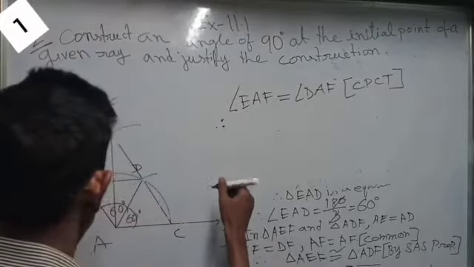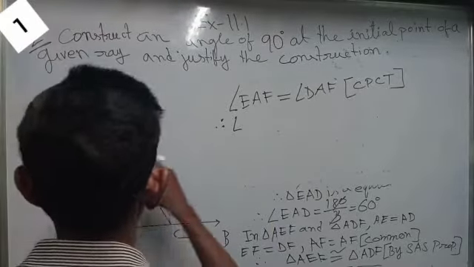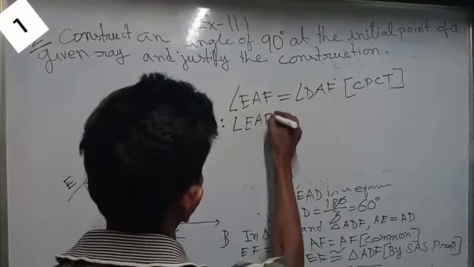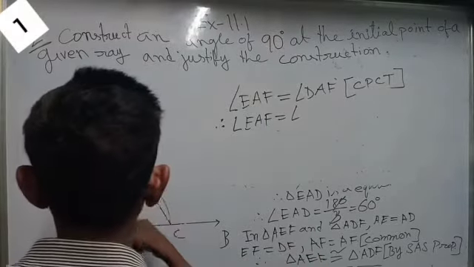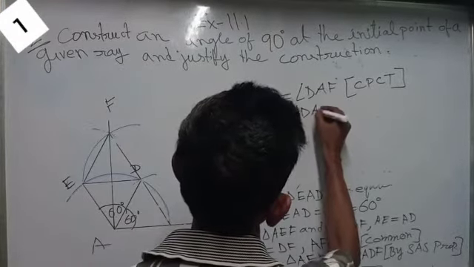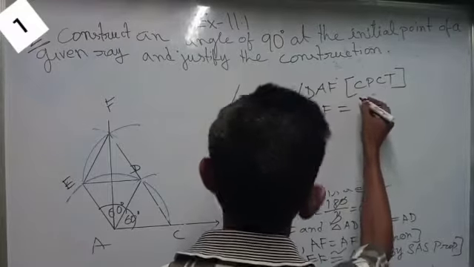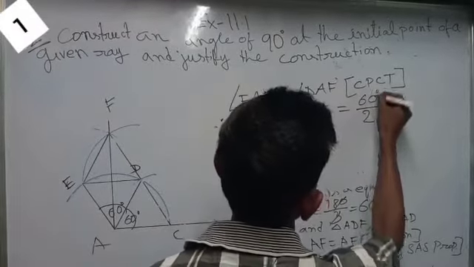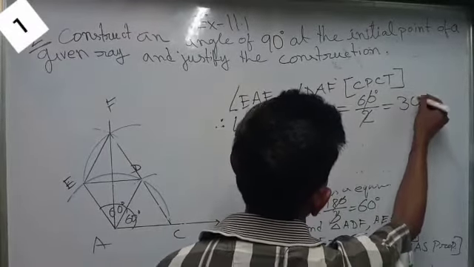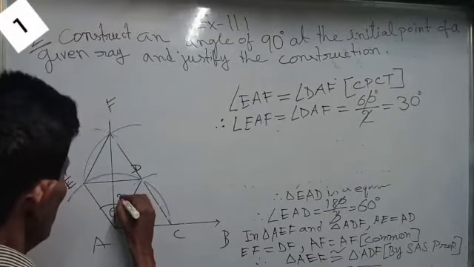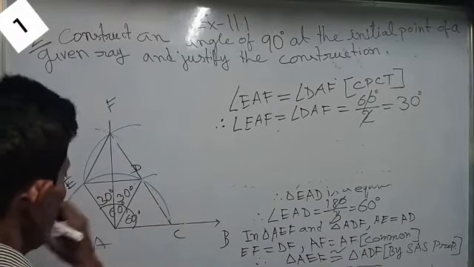Therefore, angle EAF equals angle DAF equals 60 degrees by 2 equals 30 degrees. That means this is 30 degrees, and that is also 30 degrees.